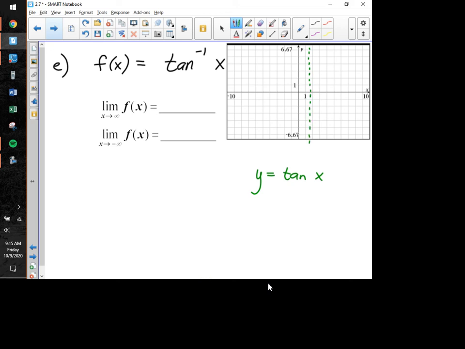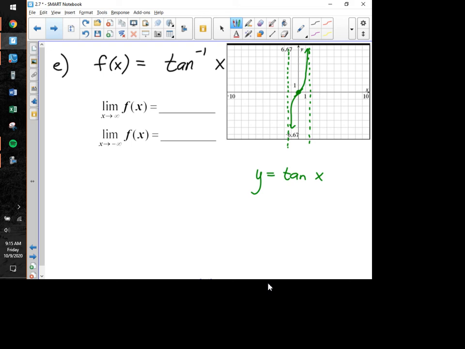It's got another vertical asymptote at negative pi over 2, right over here. Tangent of 0 is 0, and then this thing takes a shape a lot like what I just showed you a moment ago, where it shoots through the origin with a slope of 1 and kind of curves upward here on the right and downward here on the left. That is just one cycle of the tangent graph, everybody, and it repeats itself ad nauseum.